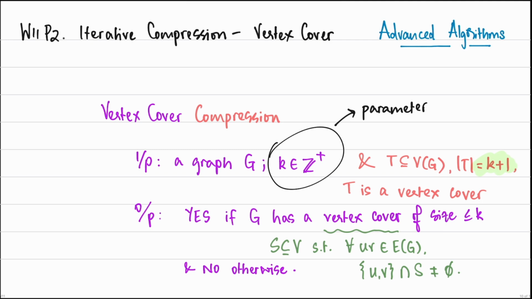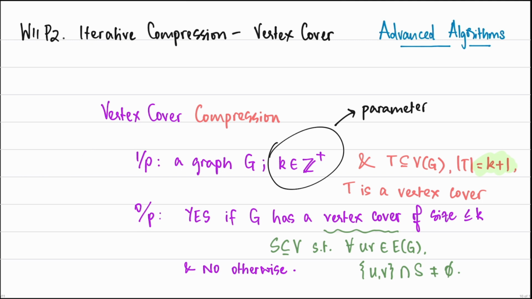So it turns out that having access to a solution that's almost there, of size k plus 1, is actually something that anchors the input in such a way that you can use it to effectively find a smaller sized solution. So we're going to come back to the compression problem.